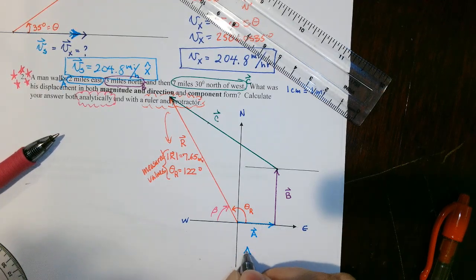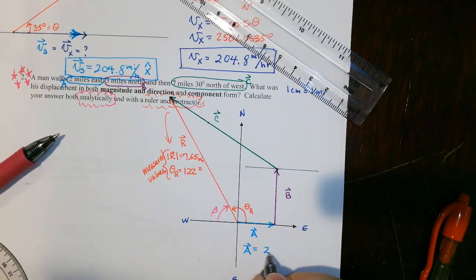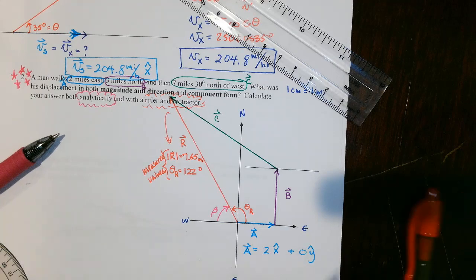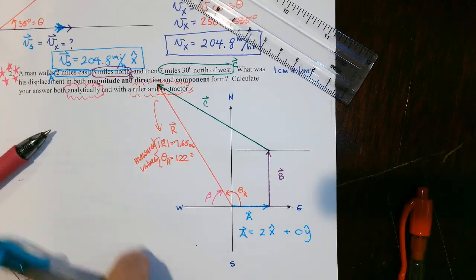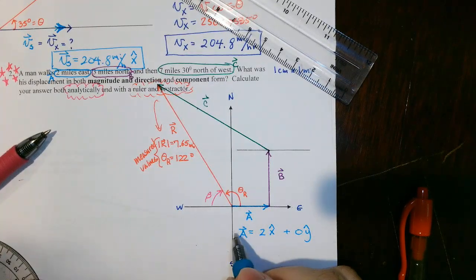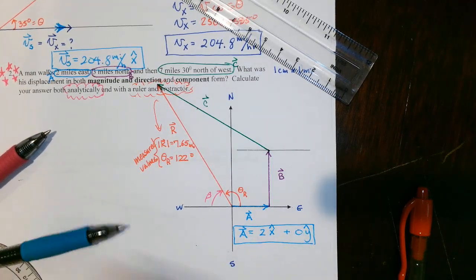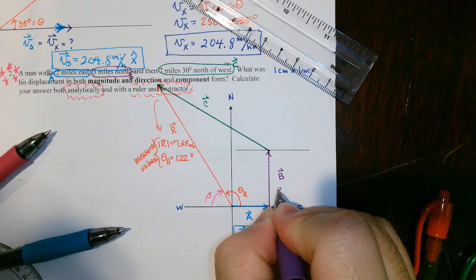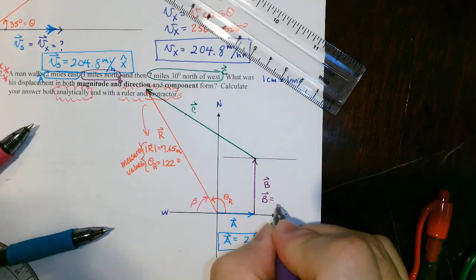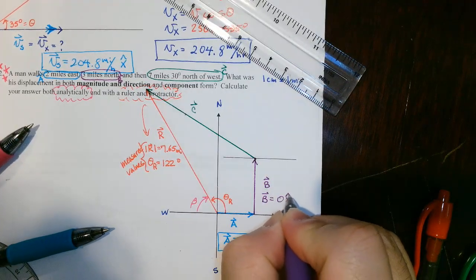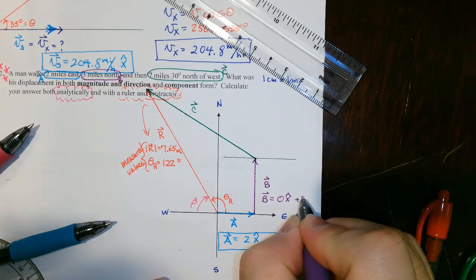So A vector, we have 2 x hat plus 0 y hat. Similarly, my B vector is easy too, because it's on the axis again. So my B vector happens to be 0 x hat and 3 y hat.